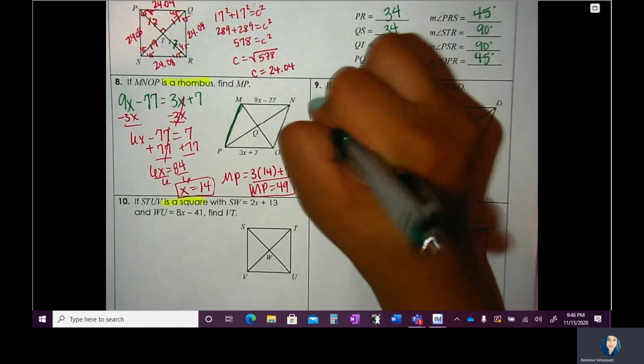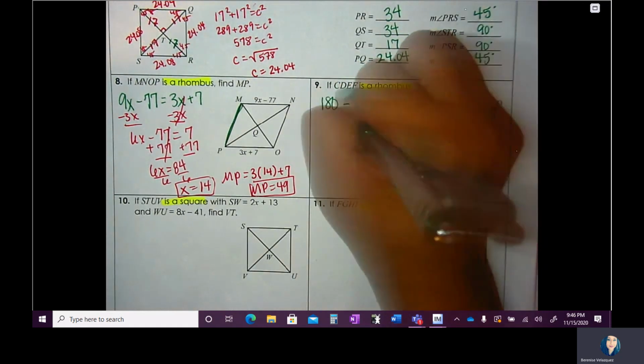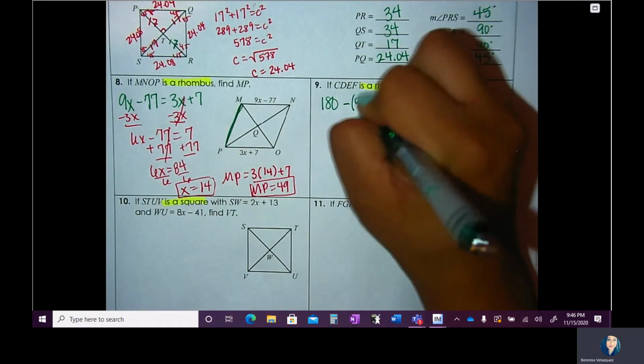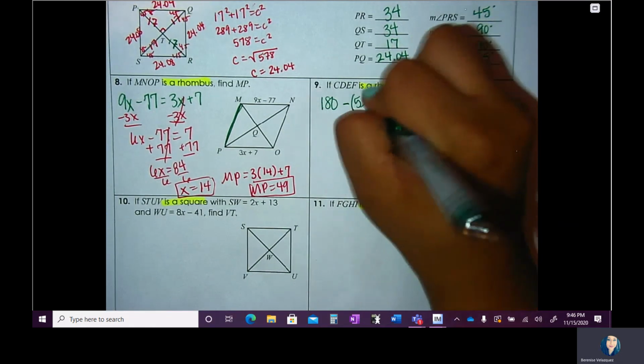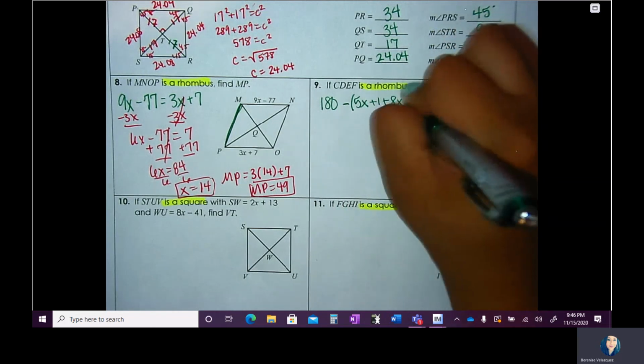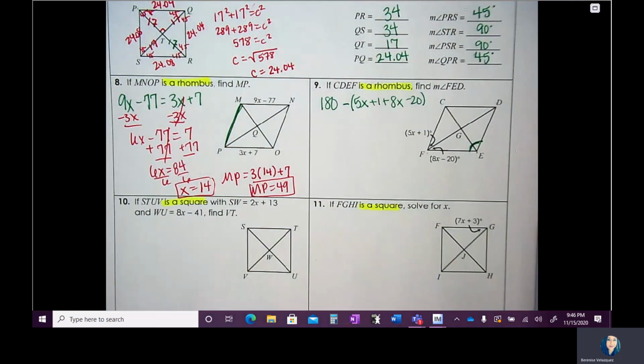So this is going to be 180 minus 5X plus 1 plus 8X minus 20. But how are we going to find our X to be able to plug it into that so we can get our answer?